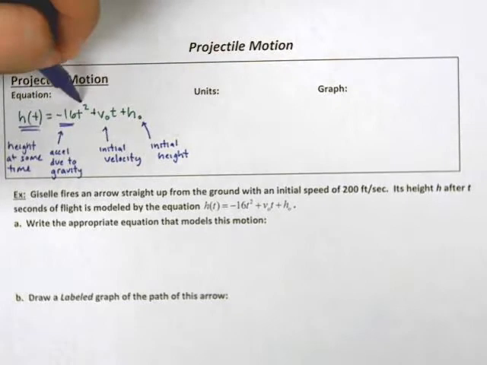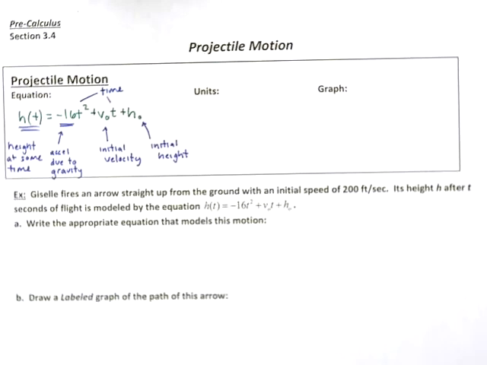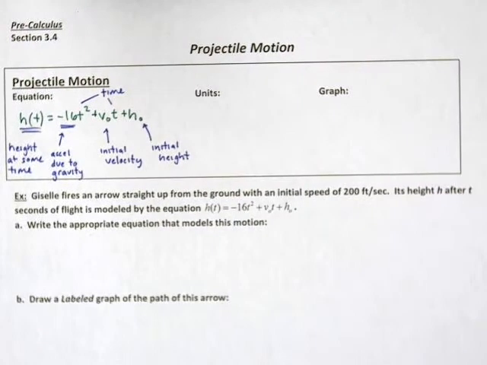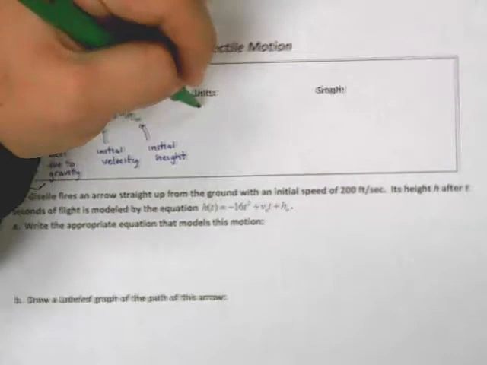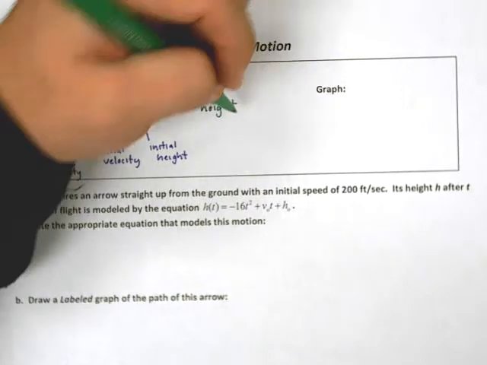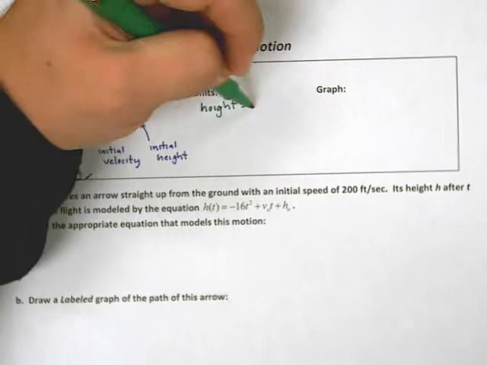Last thing that I didn't talk about early here, guys, t we know is time. Okay, our function is in terms of time. Height is in terms of time. So, units here, we have a bunch of them. Height, with what we're doing, we're going to be using feet.